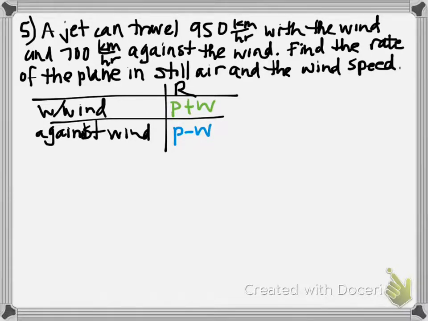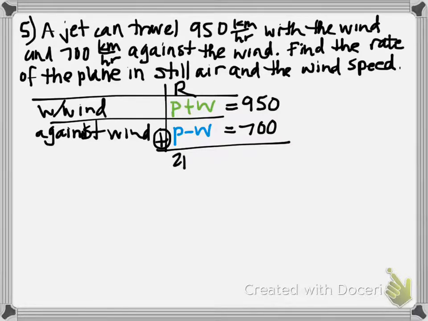Well, we take the information that's in the problem, and it says the jet can travel 950 kilometers with the wind, and it can travel 700 kilometers against the wind. So at this point, that's all I need, and I can solve by adding to eliminate. And I get 2p, my w's eliminate, equals 1650.